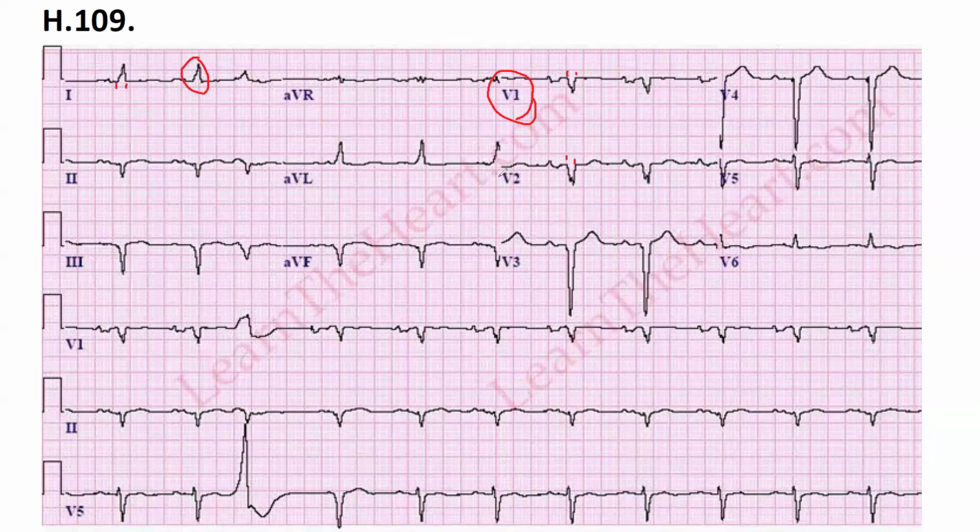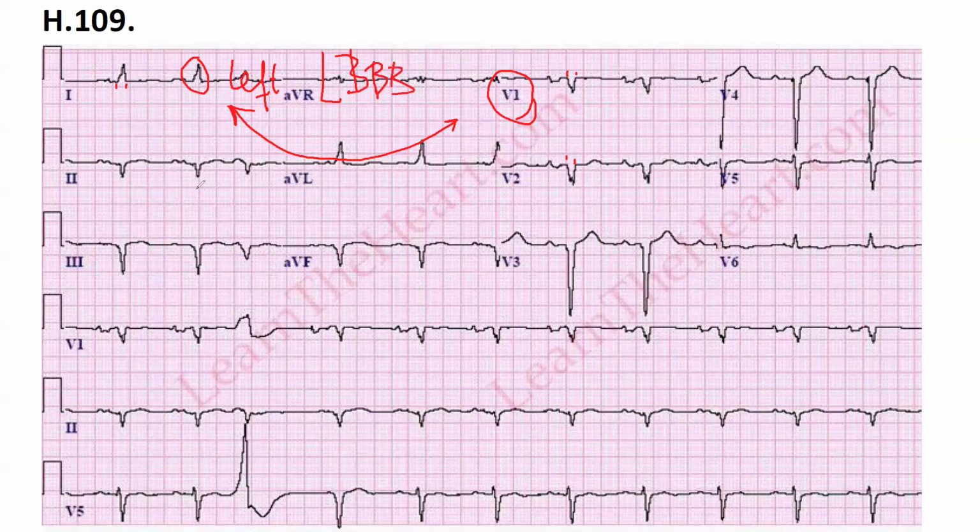Where can you see a wide R wave? In lead one, and that's the left ventricular lead. So you do have a left bundle branch block. Okay, good.